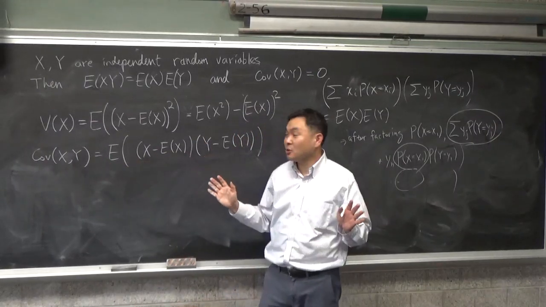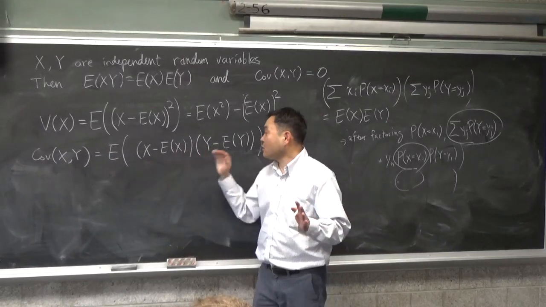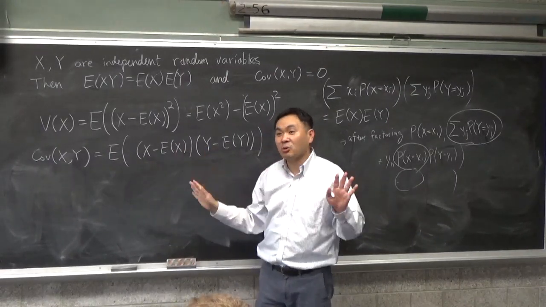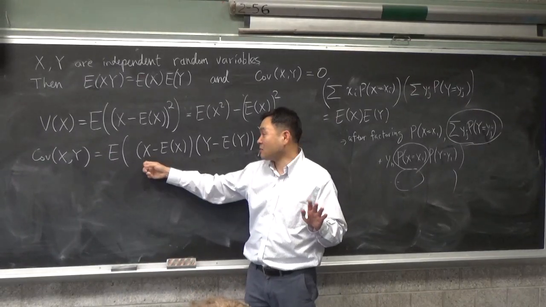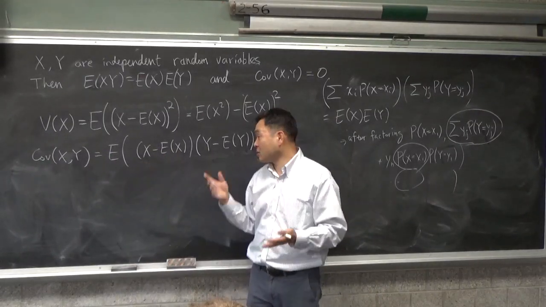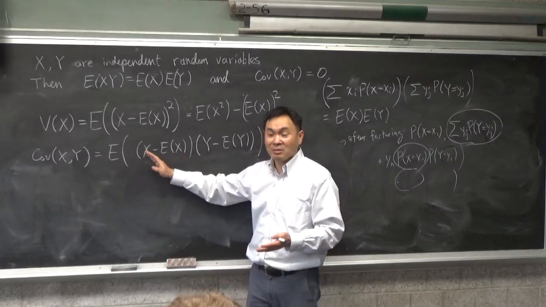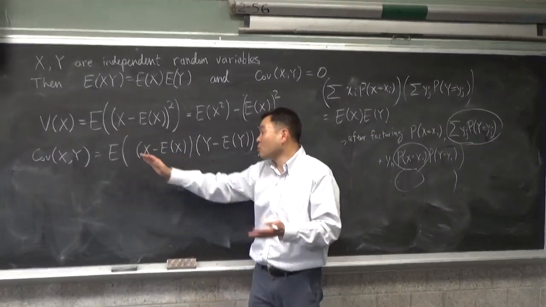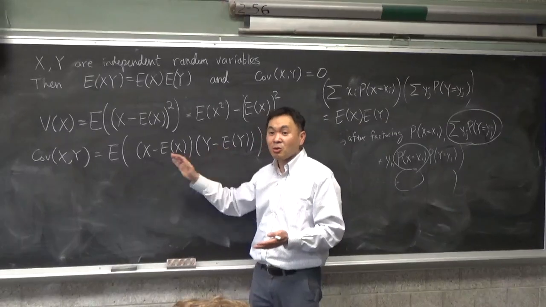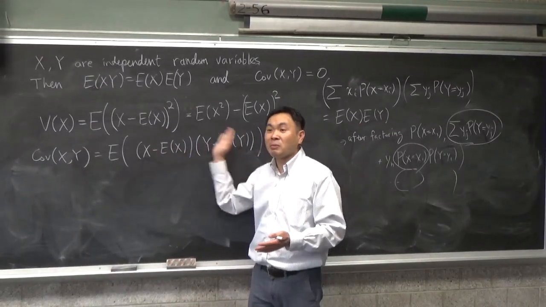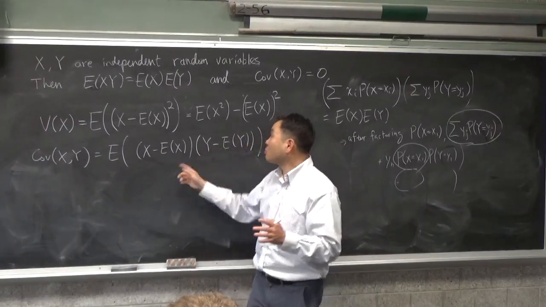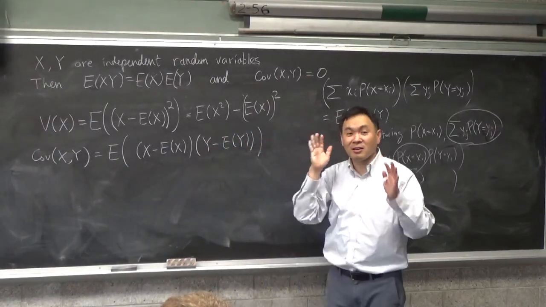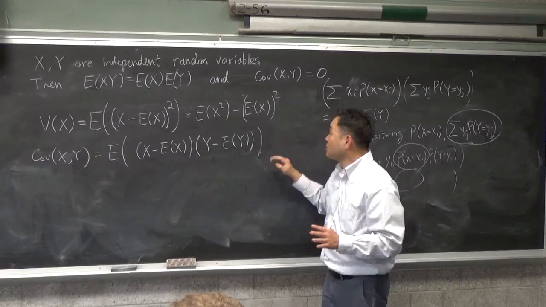On the other hand, what if X and Y don't have any correlation? Like the example when I said throwing a coin and then throwing a die. Whatever outcome X is, it has no effect on the Y, right? In those cases, it has all the possibilities where some are positive, some are negative, so you end up canceling. And that's what we're trying to prove. That's the intuitive reason, okay?